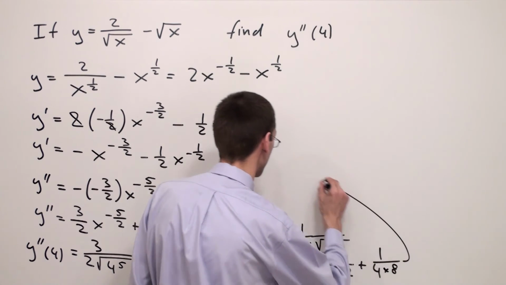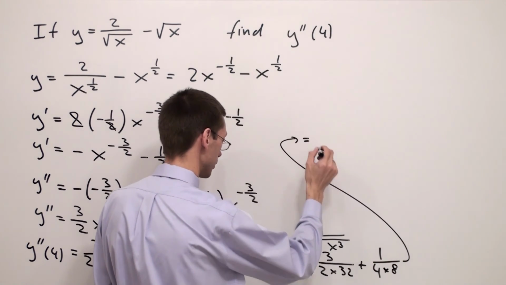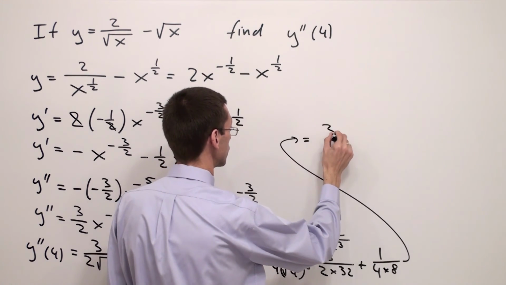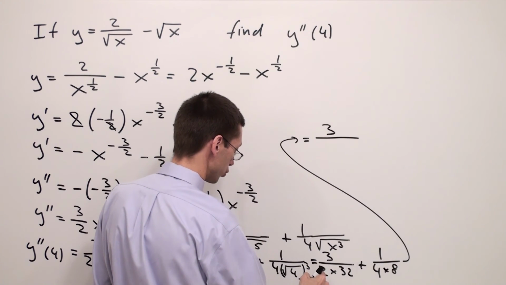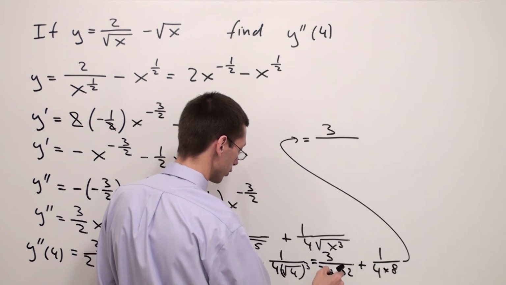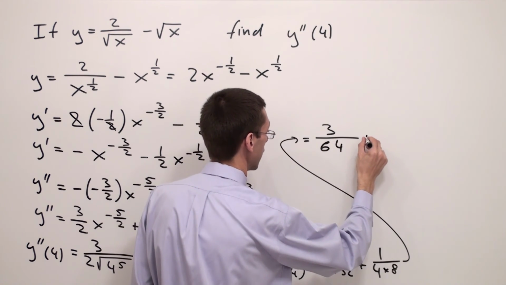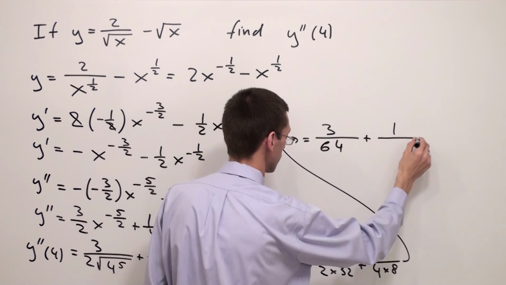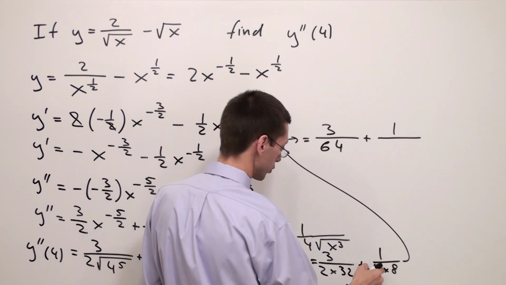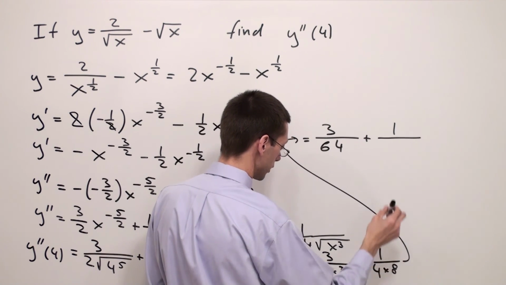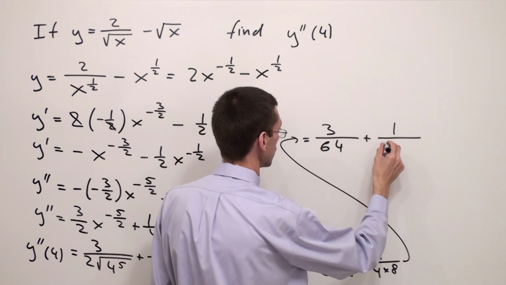Okay, so this is equal to 3 over 2 times 32, which is 64, plus 1 over 4 times 8, which is 32.